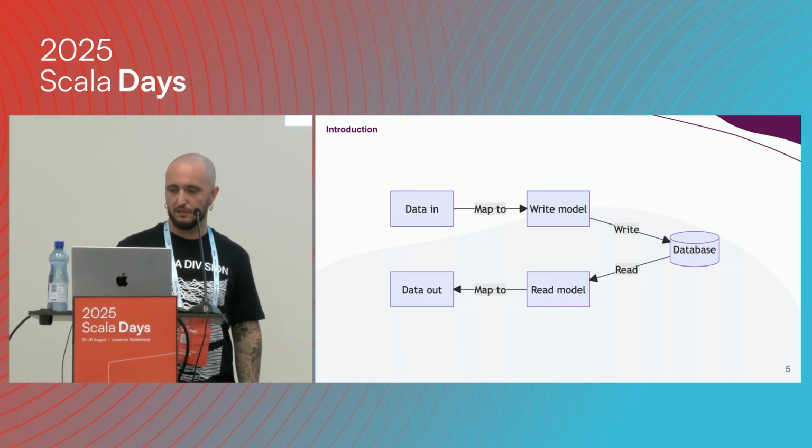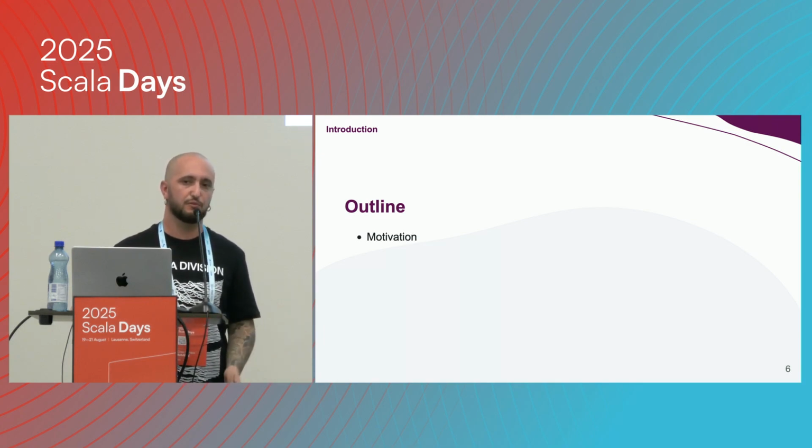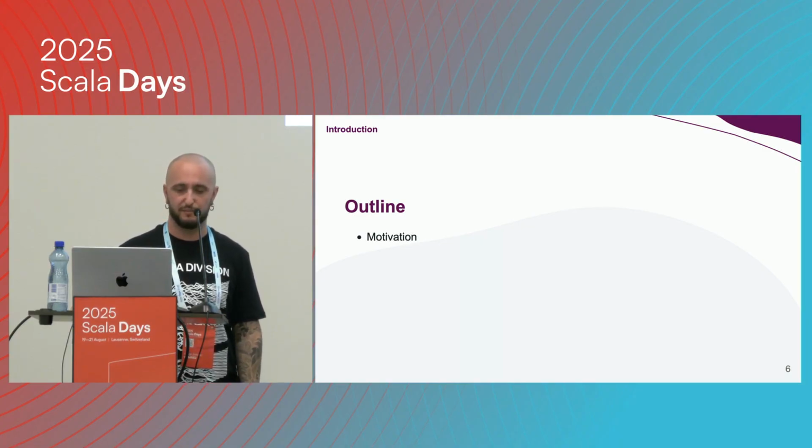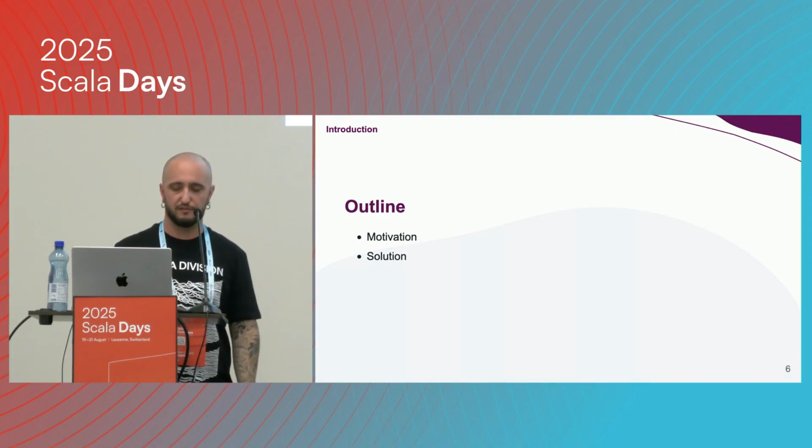So the outline of the talk is going to be: I'm going to talk about the motivation for why you would want to split these models instead of using a more traditional pattern of the persistent models. How we design it, more or less, taking into account the different trade-offs and difficulties that you might encounter.